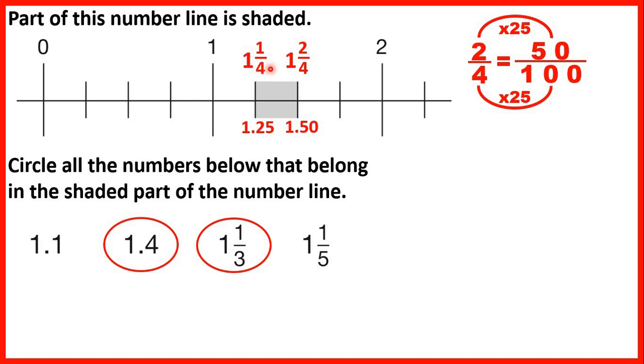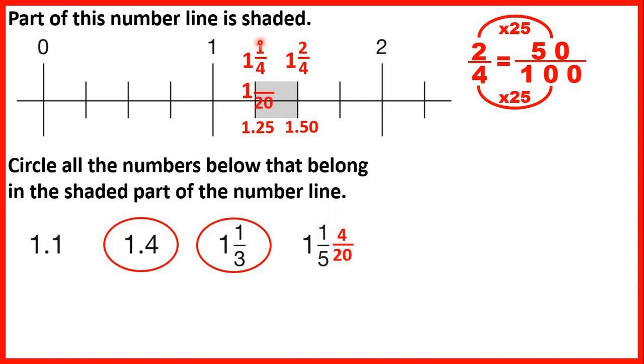Now 20 is in both the 4 and the 5 times table. So to compare these fractions, we can convert them to 20ths. 1/5 is the same as 4/20ths, because 5 times 4 is 20, 1 times 4 is 4.